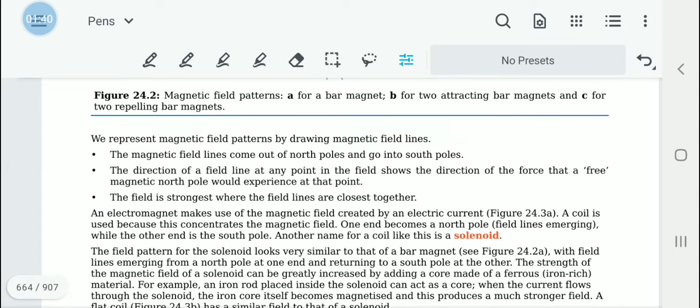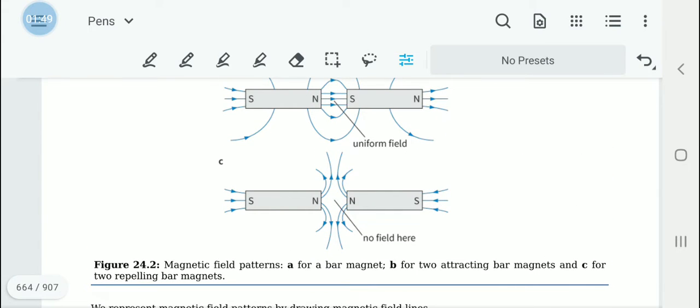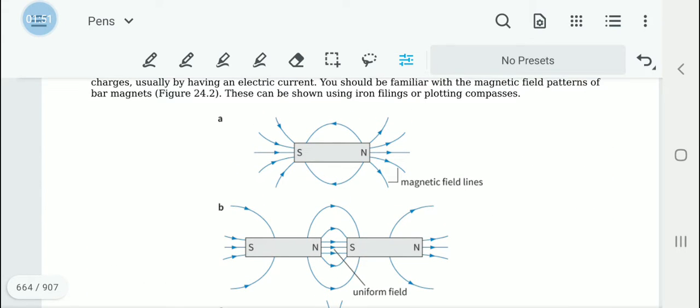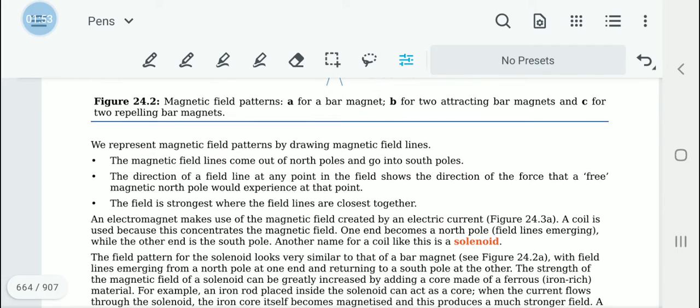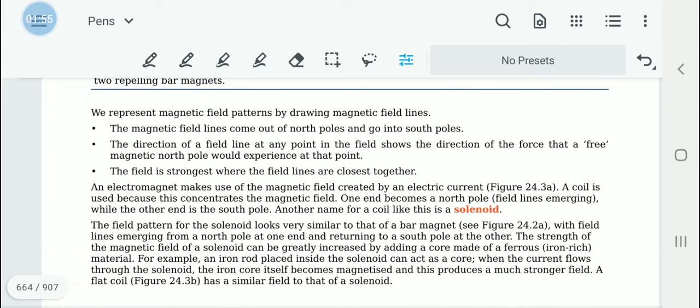So magnetic field lines have these qualities. They come out of north and then go to the south poles, right? From north to south, as shown here. The direction of a field line at any point gives us the direction of the force that a free magnetic north pole would experience at that point.